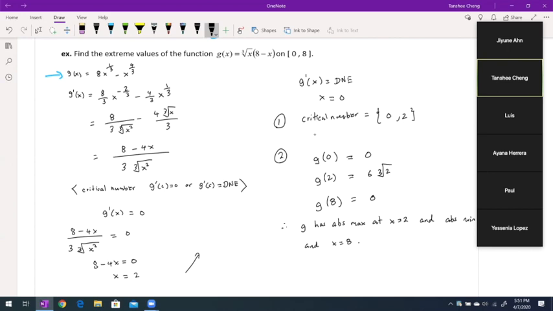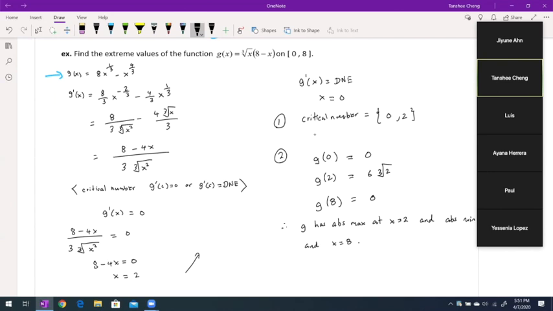So from this, I'm going to have to think about my critical numbers, which can happen when it's equal to 0 and when it does not exist. And I have to think about this case because my derivative function is a rational function. So the easy case is always to set the derivative function equal to 0 and find the critical number.